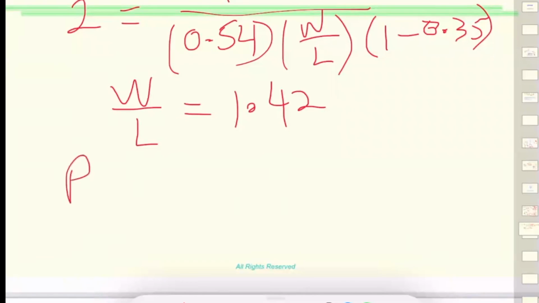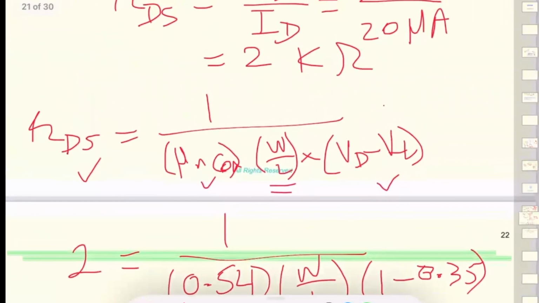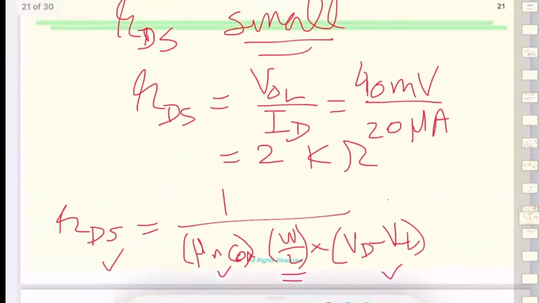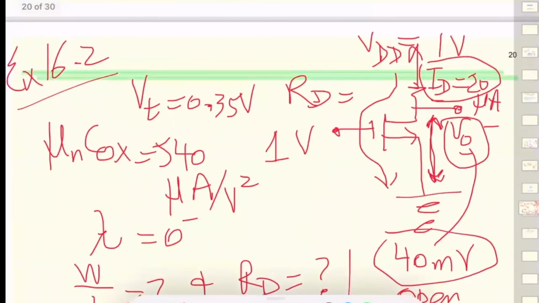Now, RD. What is RD? Because of the power supply and the voltage at the output, what drain resistance do we get here?